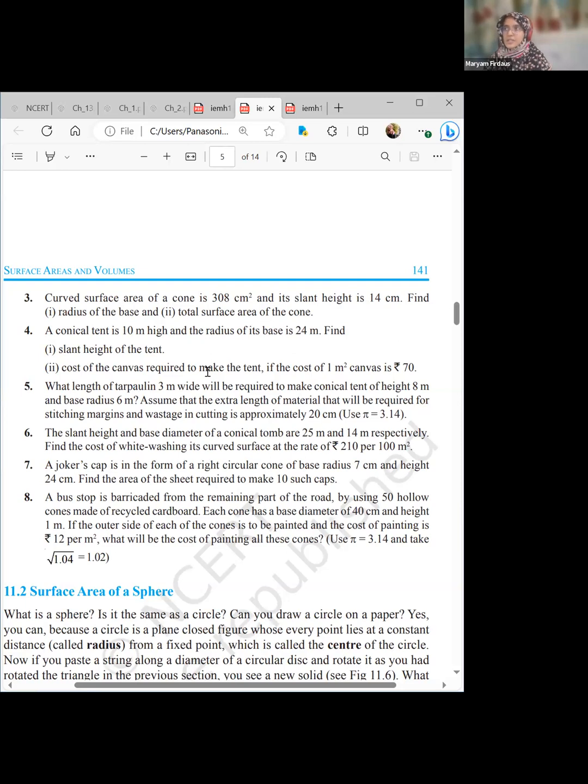The question is, if you have a rectangle and I'm telling you its area. Ma'am, the area of this thing is, what about the cone? Okay, right now forget about the cone. We are talking only about the rectangle.